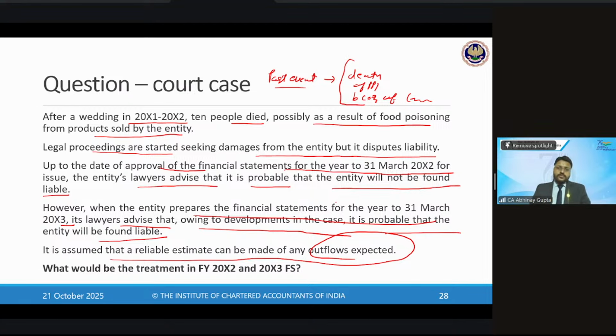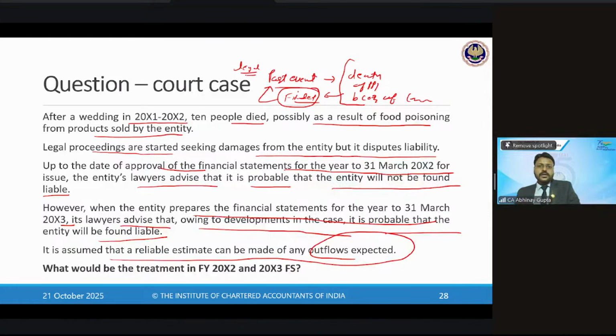Now, by virtue of this past event, these people's legal heirs have filed a case in the court against the company, right? Filing this case creates an obligation on the part of the company, a legal obligation, right?